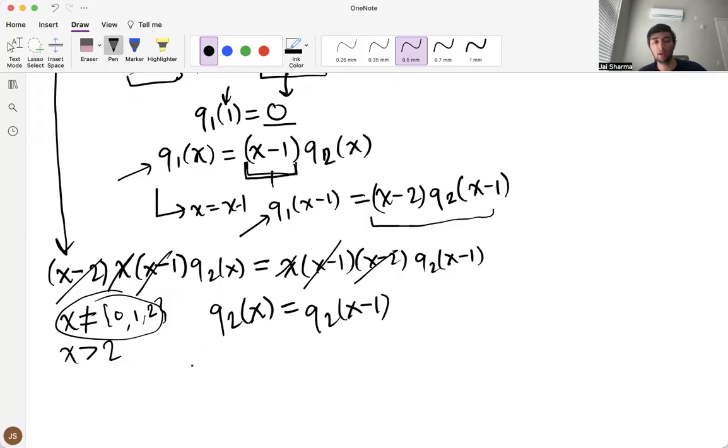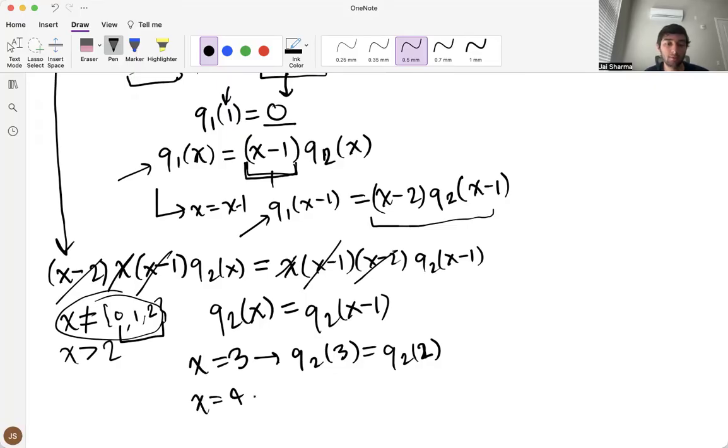Now this is weird, right? Suppose x is equal to 3. It can't be one of these, right? So I'll say 3. That means that q2 of 3 is equal to q2 of 2. So we have some polynomial that if you feed in 3, that's the same as feeding in 2, right? Okay, let's plug in x equals 4.